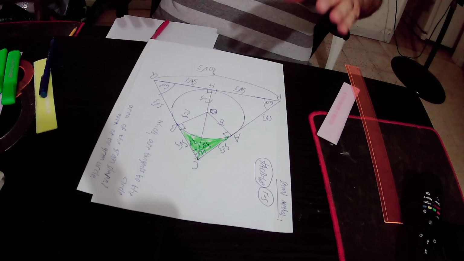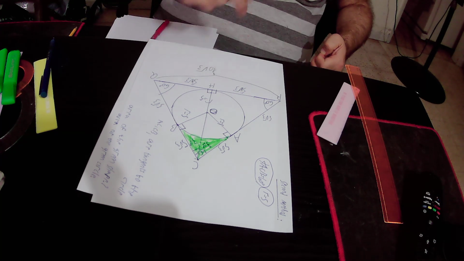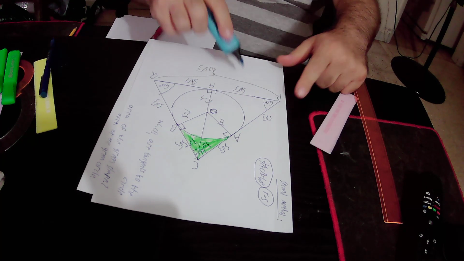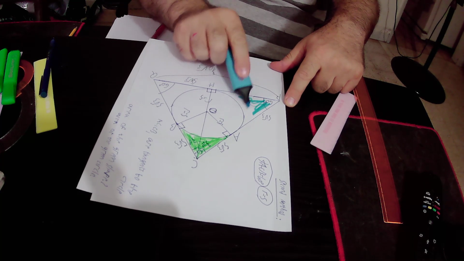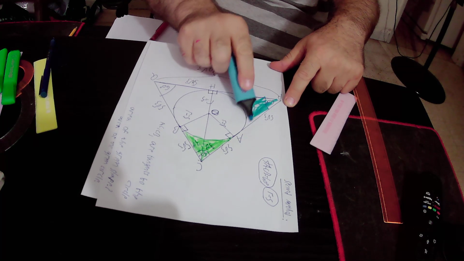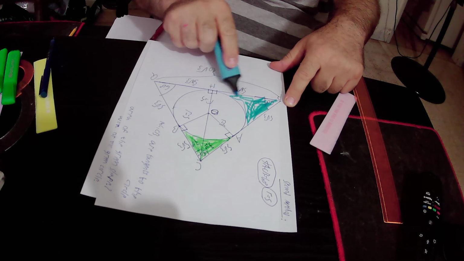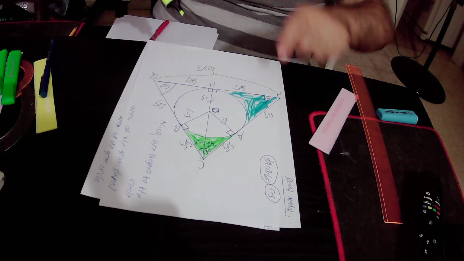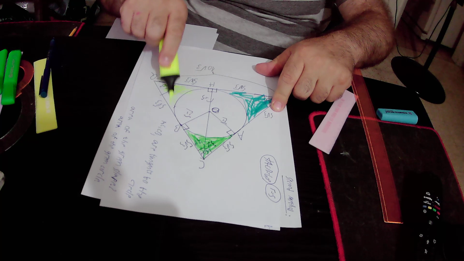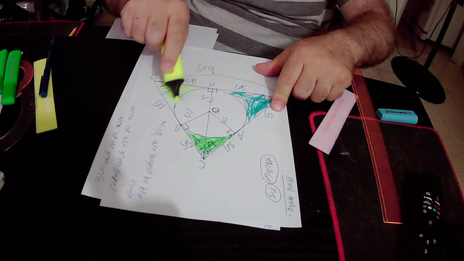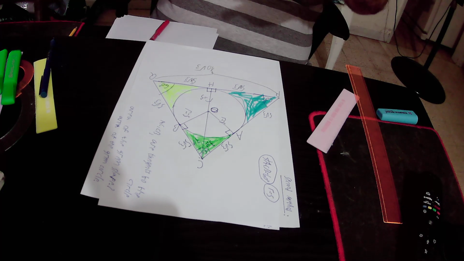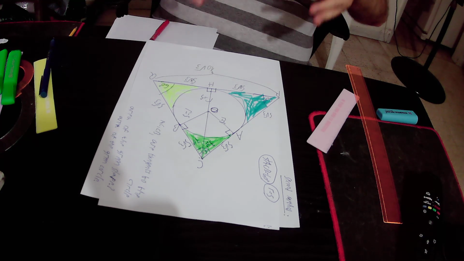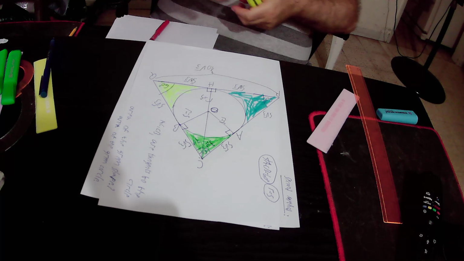The area of triangle CPQ minus the area of the circle will be equal to the area of the green shape plus the area of the blue shape plus the area of the yellow shape.